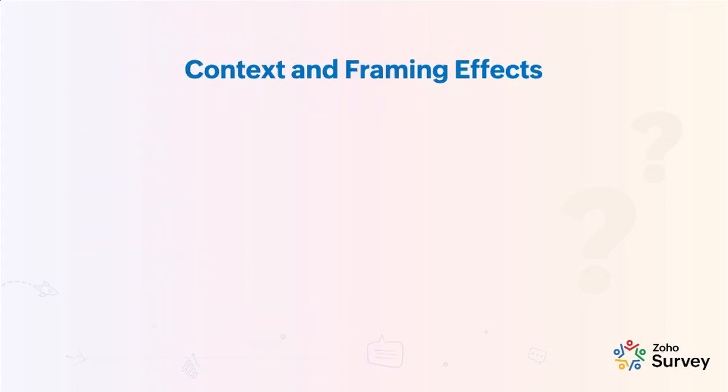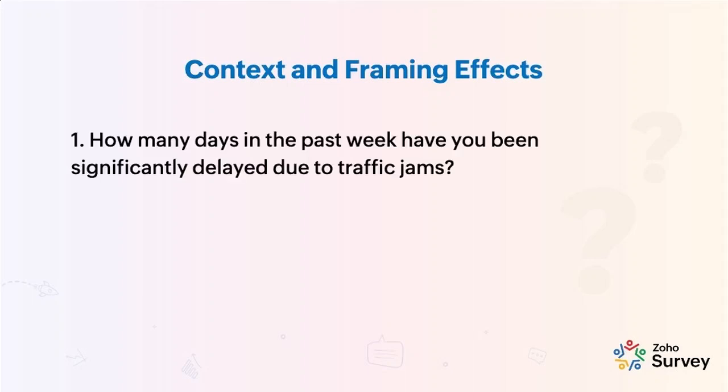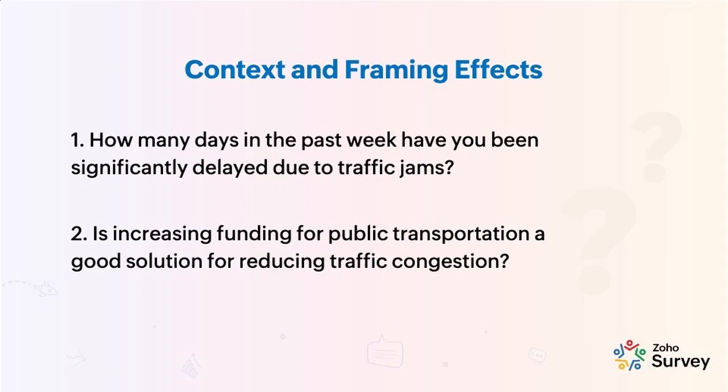Okay, now ever noticed how your answer to a question might change based on previous questions? That is context at play. For example, if a survey first asks about your experience with traffic congestion and then about your opinion on public transportation, your feeling from the first question might influence your answer to the second question.